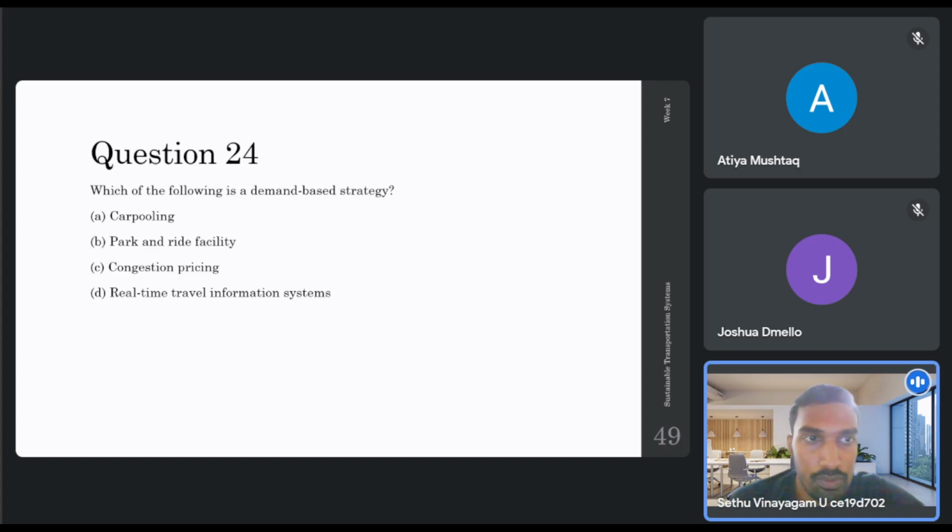Okay, so we have one vote for A, carpooling. Any other answer?